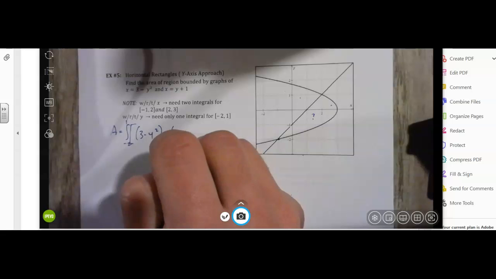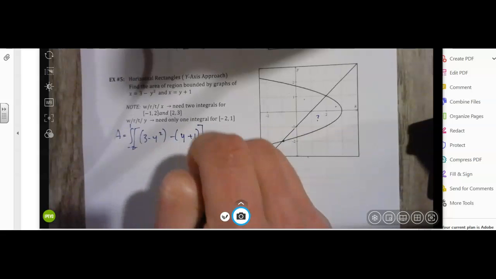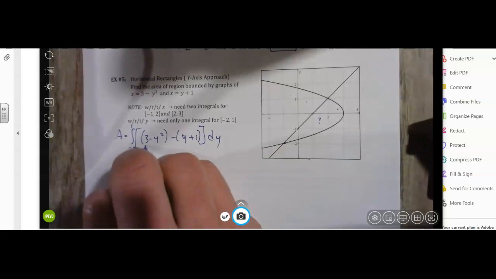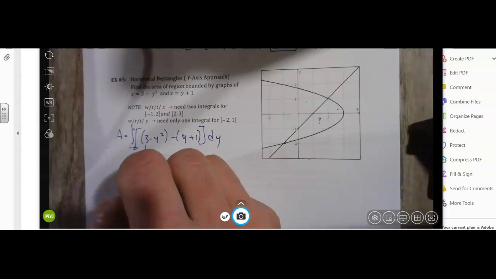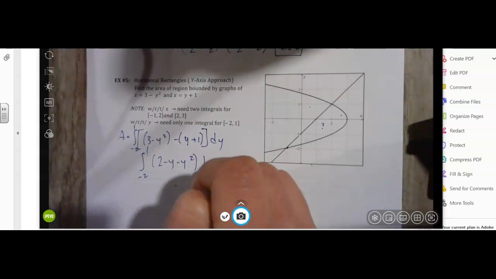So y plus 1 dy. So it's going to be the integral from negative 2 to 1. Simplify the terms on the inside, 2 minus y squared dy.